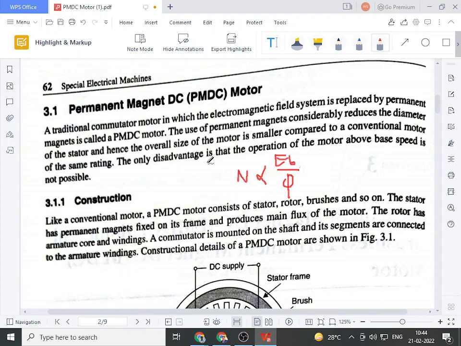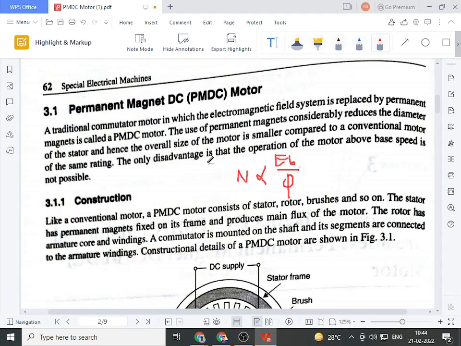Sometimes a question may be asked in an interview: why is a PMDC motor not used for above rated speed application? The reason is that we can't change the flux of that particular PMDC motor. We can't reduce the magnitude of flux because flux developed by permanent magnets is always constant.